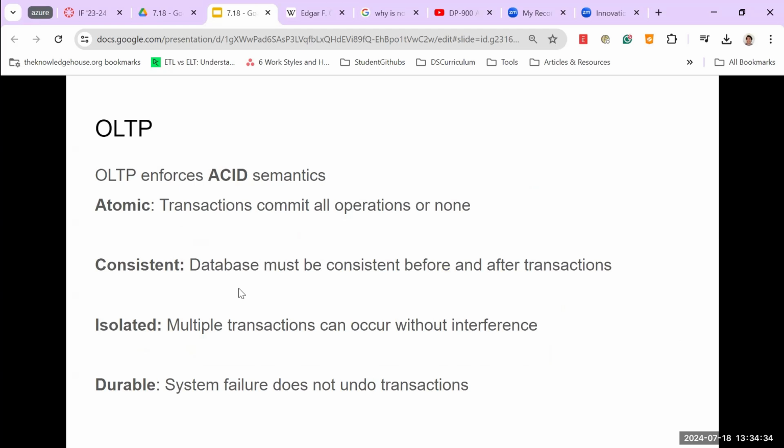Now, it's not enough to just encapsulate a query as a transaction in name and just consider it to be a transaction. Rather, an OLTP database, and specifically a transaction, must abide by ACID semantics. And ACID is an acronym which stands for atomic, consistent, isolated, and durable.